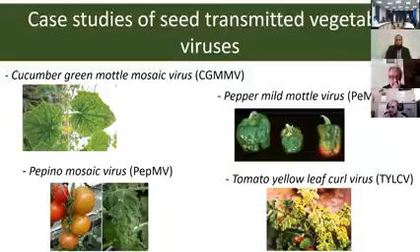The other one is, as I told you already, pepino mosaic virus. Pepino mosaic virus started as a pepino virus, and in the last 20 years it shifted to tomato. We also have a new tobamovirus in pepper, which is pepper mild mottle virus, which is also transmitted mechanically.